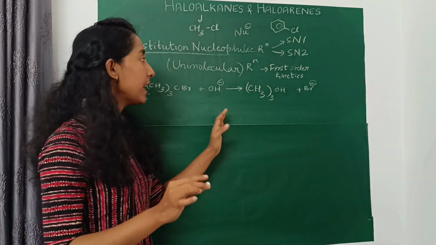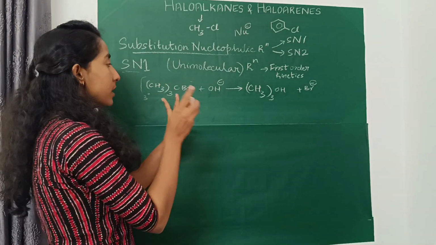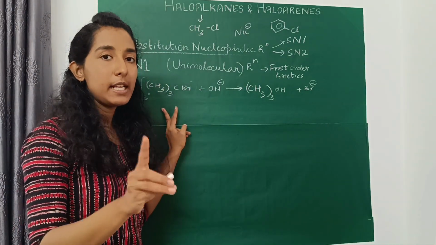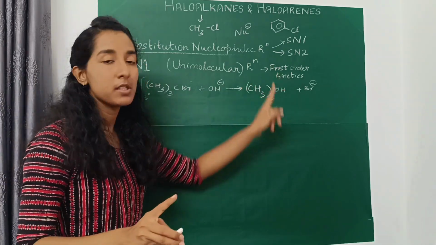The rate of the reaction depends on the concentration of the alkyl halide. Since it depends only on the concentration of the alkyl halide, it is called a unimolecular reaction. That is, it follows first order kinetics.